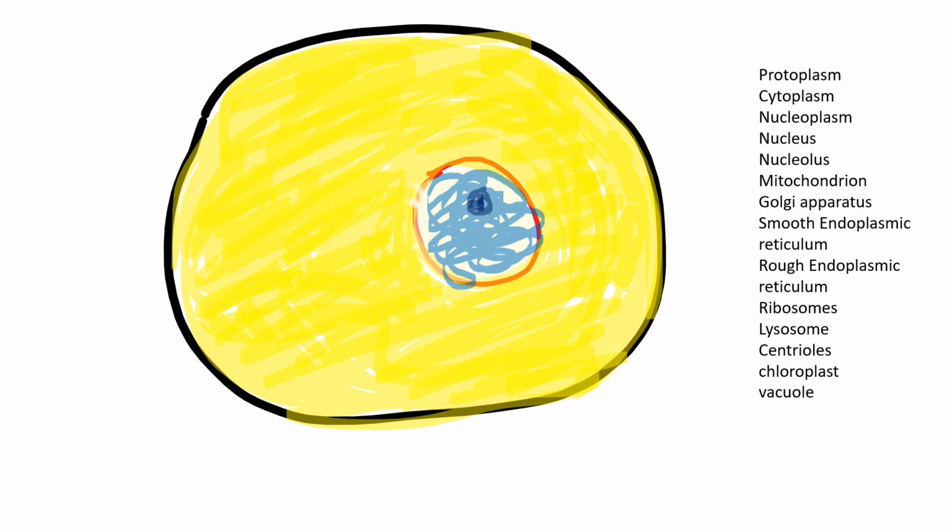Okay, and then we have several structures like mitochondria, Golgi apparatus, endoplasmic reticulum, and ribosomes within the cytoplasm of the cell, which means they are outside the nucleus.